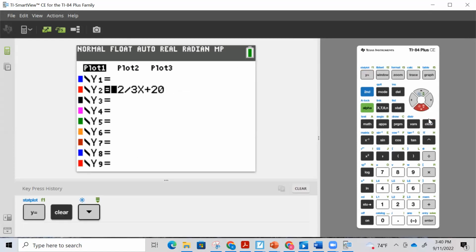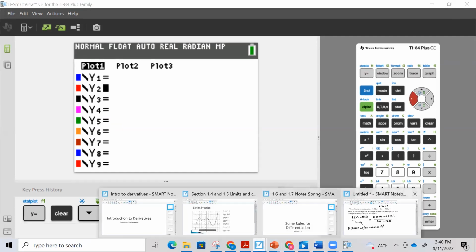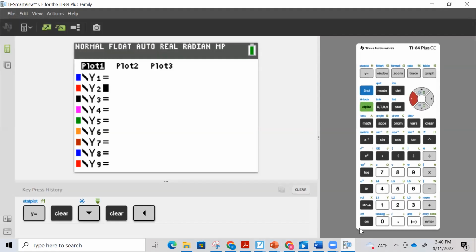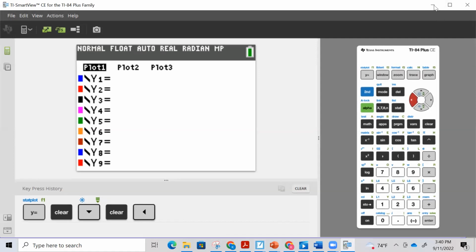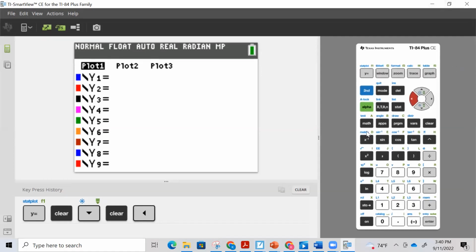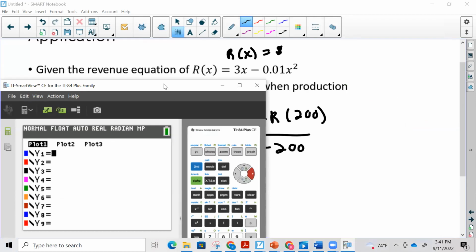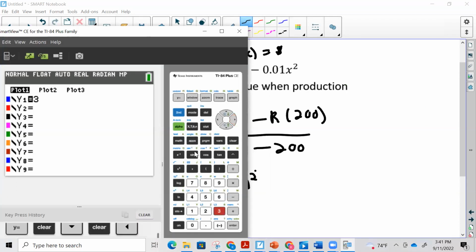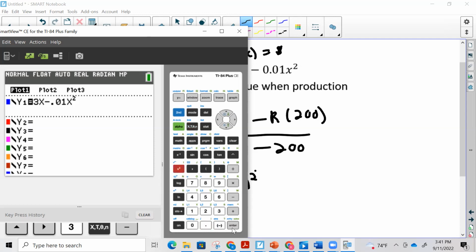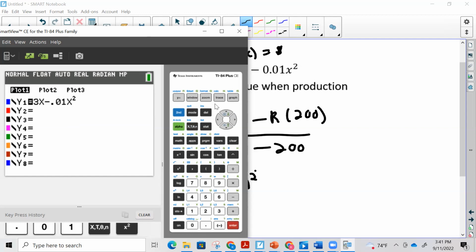So I could go to y equals and then y1 and put in this function of 3x minus 0.01x squared. So in my calculator, I would put 3x and then always use this as my X, minus 0.01 X squared.